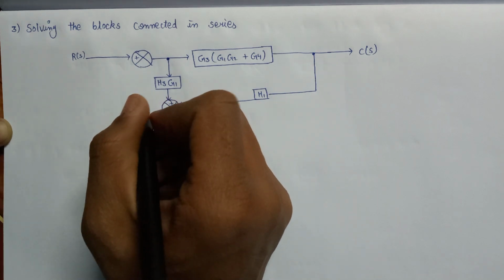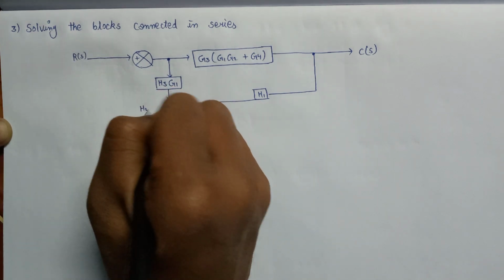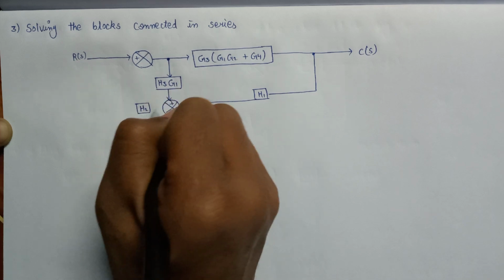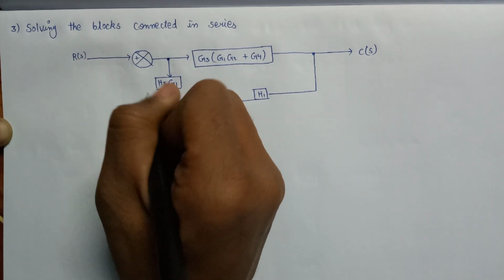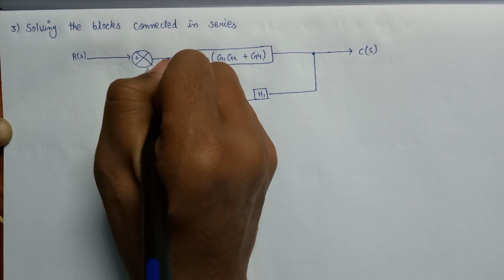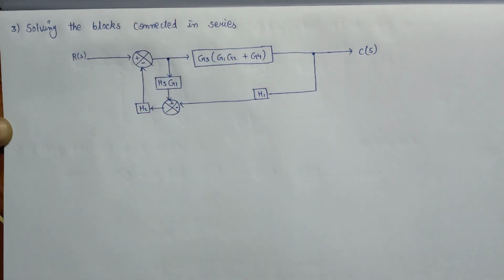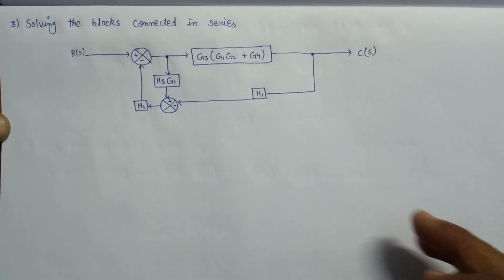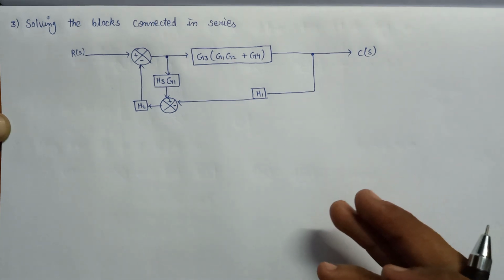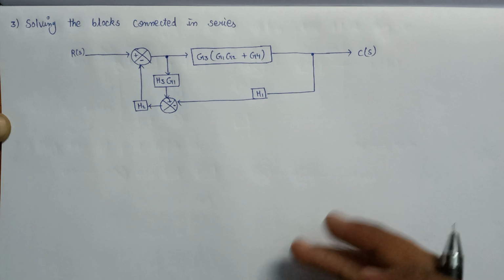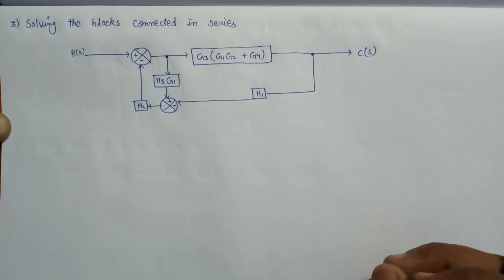And after that, here is another feedback gain, that is H2, which is connected and fed to this summer with negative polarity. So this is the simplified block diagram. Now let us analyze what the next step will be.